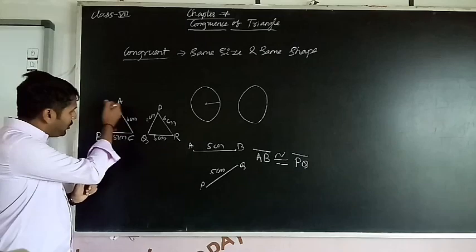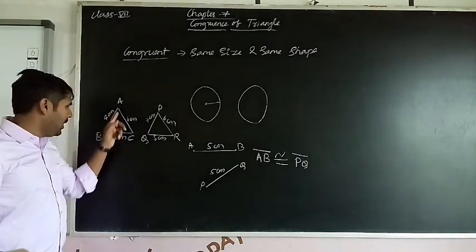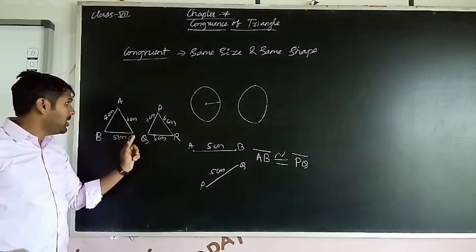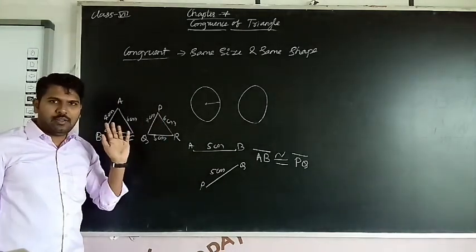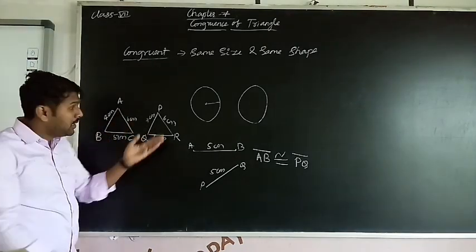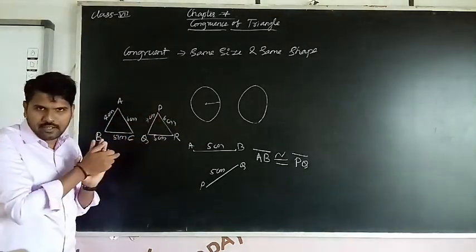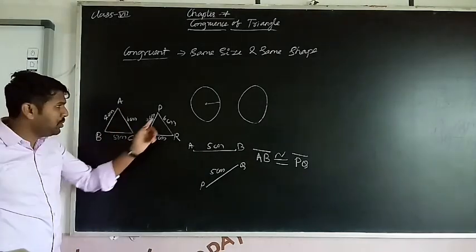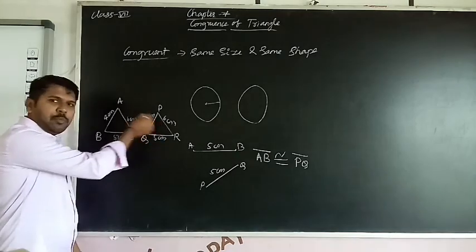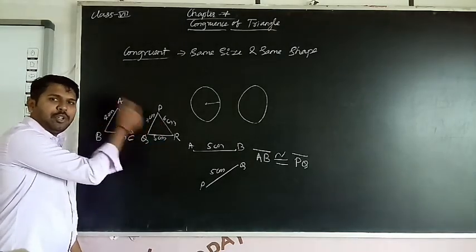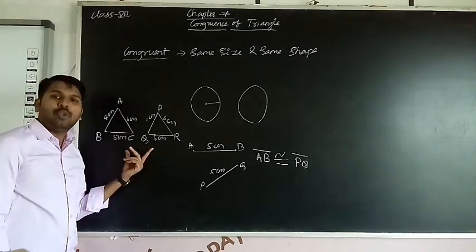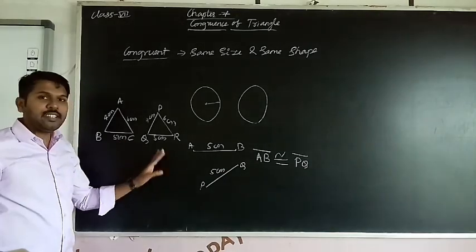Size means here we should consider length. So AB equals PQ, BC equals QR, CA equals PR. Okay, that means here all the sides are equal to the corresponding sides of another triangle. So here AB is corresponding to PQ. So AB equals PQ. That means PQ is corresponding to AB, or AB is corresponding to PQ. So these two triangles are congruent. Here the criteria is all sides are equal.